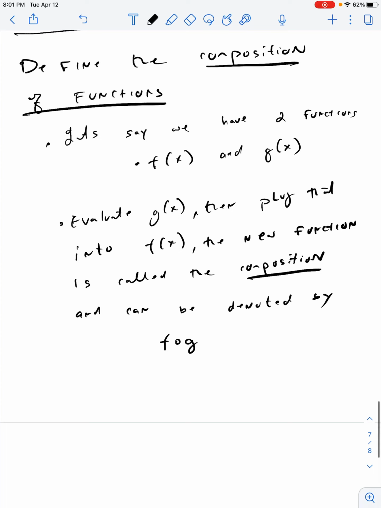Kind of looks like fog, but is read as f composed with g.